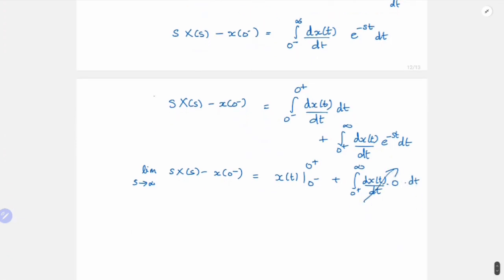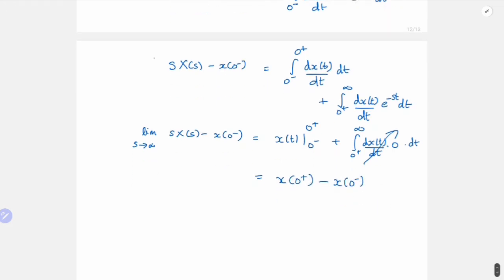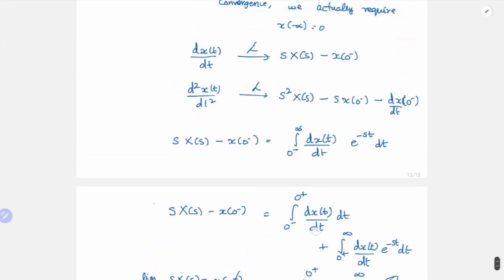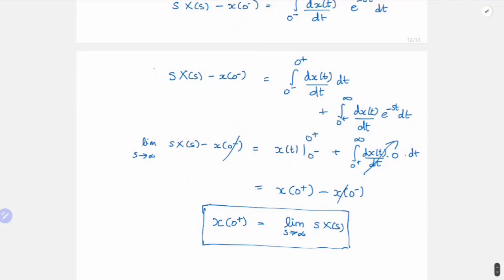So this term goes away totally. So with this, what will I get? I'll get x of 0 plus minus x of 0 minus. So my x of 0 minus I can cancel, and then I'll get x of 0 plus is limit s tends to infinity s X of s. So this is our initial value theorem. And you should also take care of the conditions. Otherwise, this will be different, right?